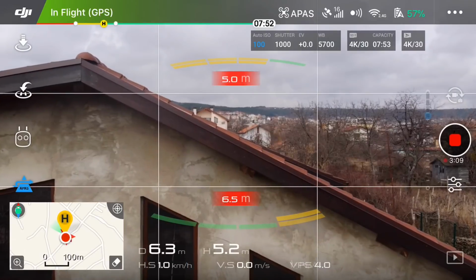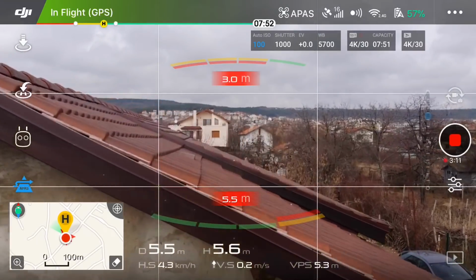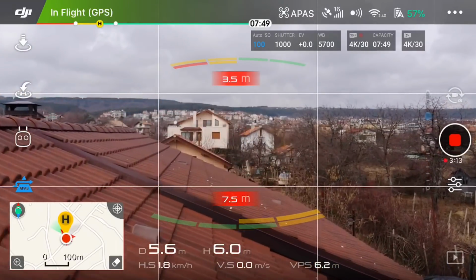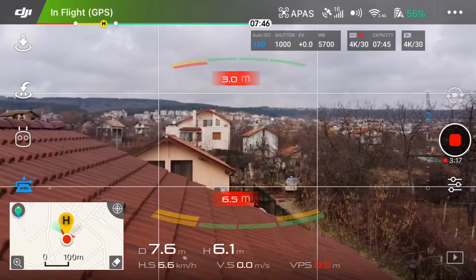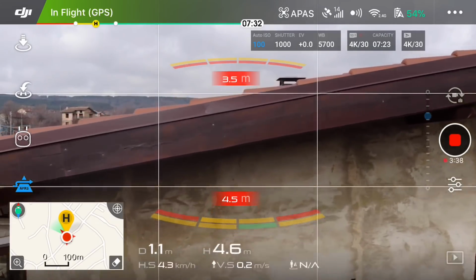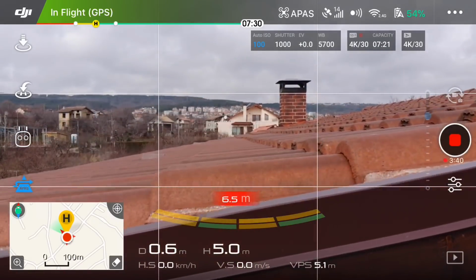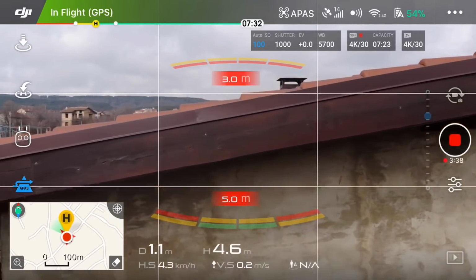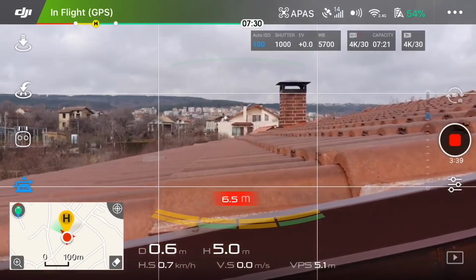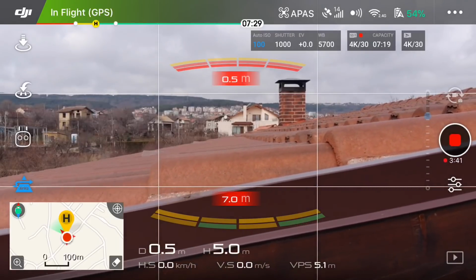The next obstacle was the roof of the house, which was detected very well in my first test, but I had a hunch that I have to try it again, and try it again by flying a bit lower, and here it doesn't get detected. The roof was too high in the frame, so the drone couldn't really detect it as an obstacle that could be flown over.